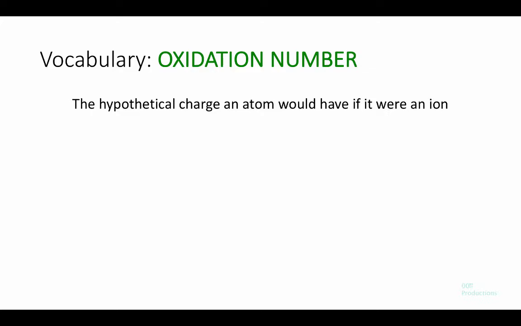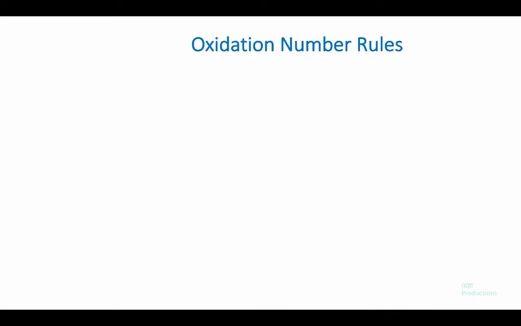And if everything were made up of ionic compounds, what would the charge on those ions be? There are some rules that help us understand what those charges would be. Here are the oxidation number rules. I'm going to give you a longer version, and then I'm going to compress and abbreviate it so we can squish everything off to the side, and we'll talk about how to implement those oxidation number rules.